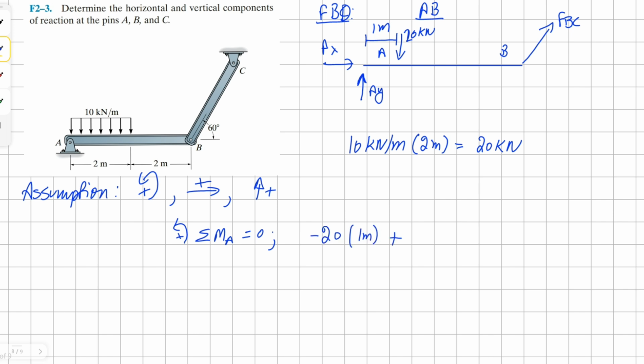So this will be positive F_BC sine 60 degrees. Solving for this, you get force BC as 20 divided by sine 60.